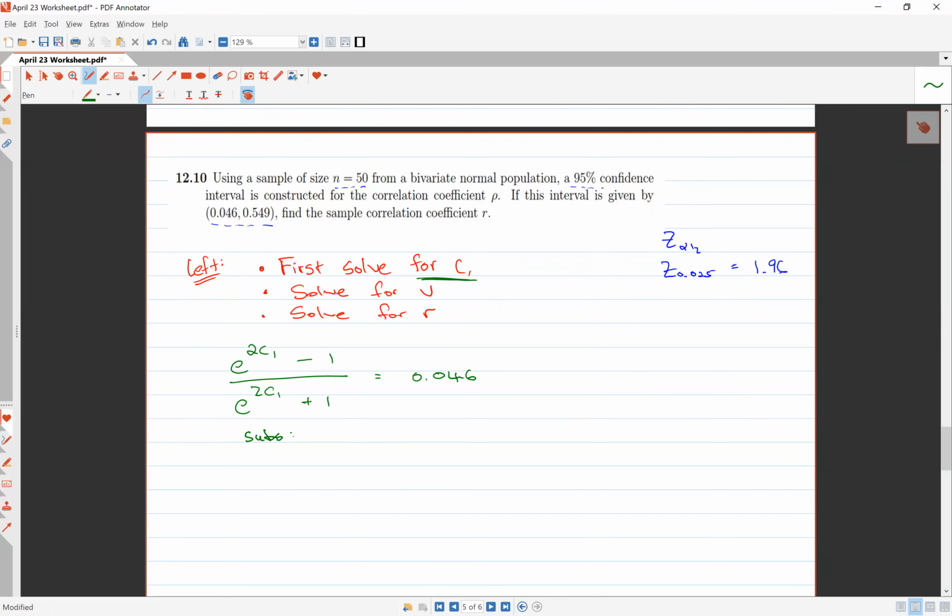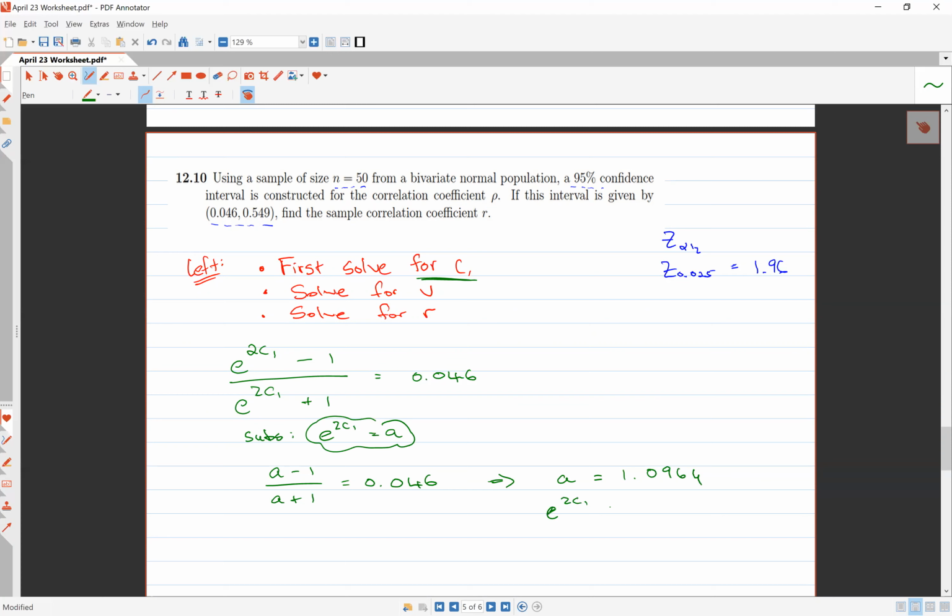You don't have to do that, but I just set e to the 2c1 equal to a. So just solving the equation a minus 1 over a plus 1 equal to 0.046, which if you solve that, you'll find that a is equal to 1.0964.